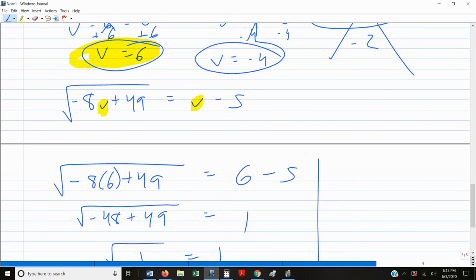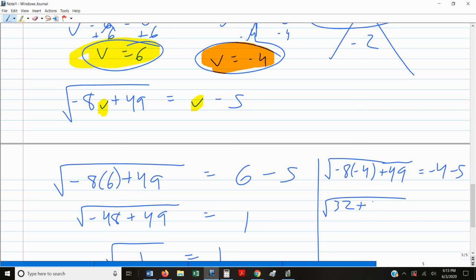But the second one is negative 4. And you're going to see really quickly that this does not work, because when you plug in that negative 4, you've got square root of negative 8 times negative 4 plus 49 equals negative 4 minus 5. So let me see, this is 32 plus 49.